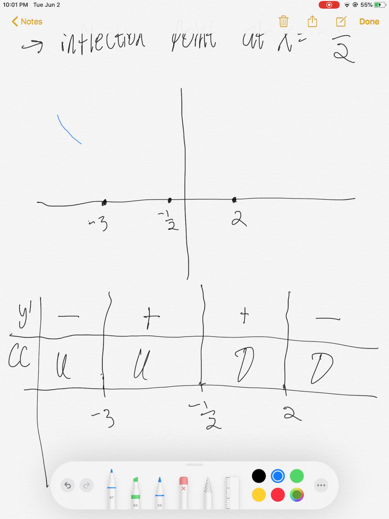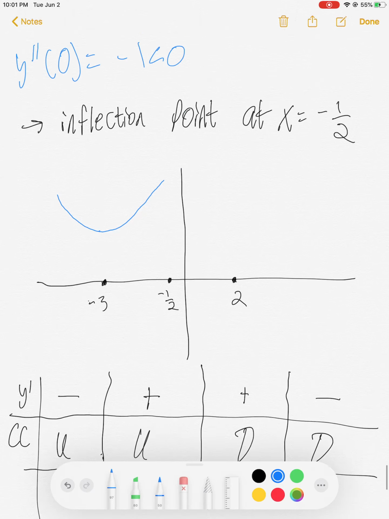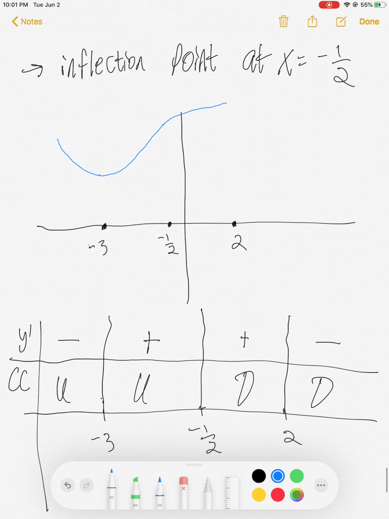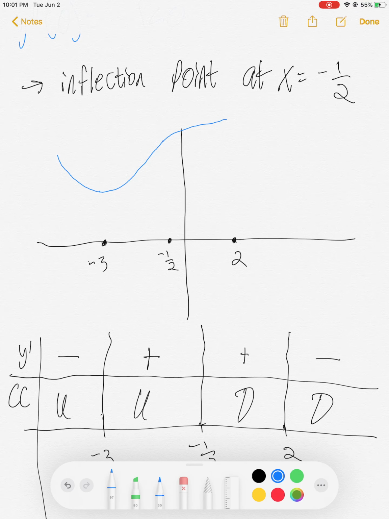So now we can start to draw our picture. The function is decreasing and concave up until x equals -3, so something like this. At x equals -3, it's still concave up, but it starts to increase.